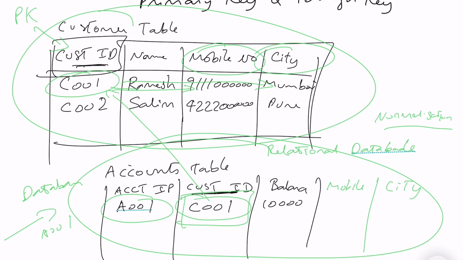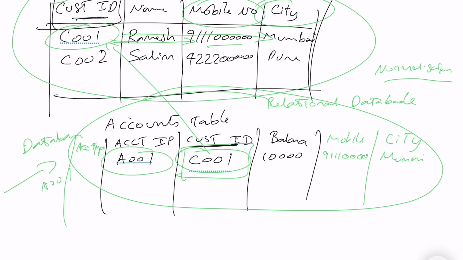So there is one way by which you can add this mobile number here itself, okay, and city over here, okay. Now maybe we have one more column over here, account type.